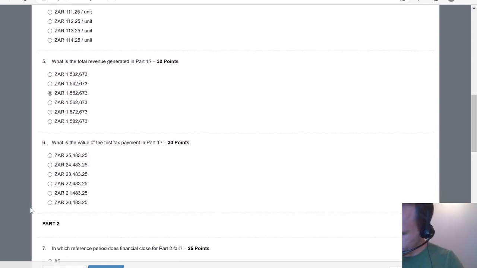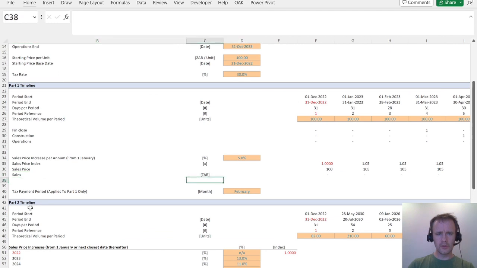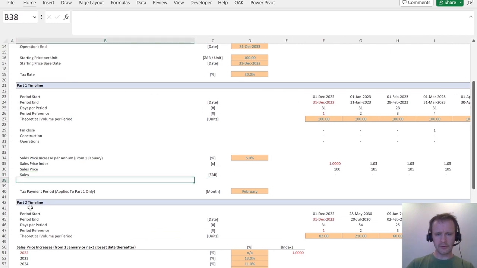What's the value of the first tax payment? All right, so let's do taxes. So we've done that. Taxes calculated on the revenue at 30%. No other costs to consider. Taxes accrued each model period and paid in February each year based on accumulated unpaid accruals up to that date. Okay, fine. So then we'll say tax accrual.